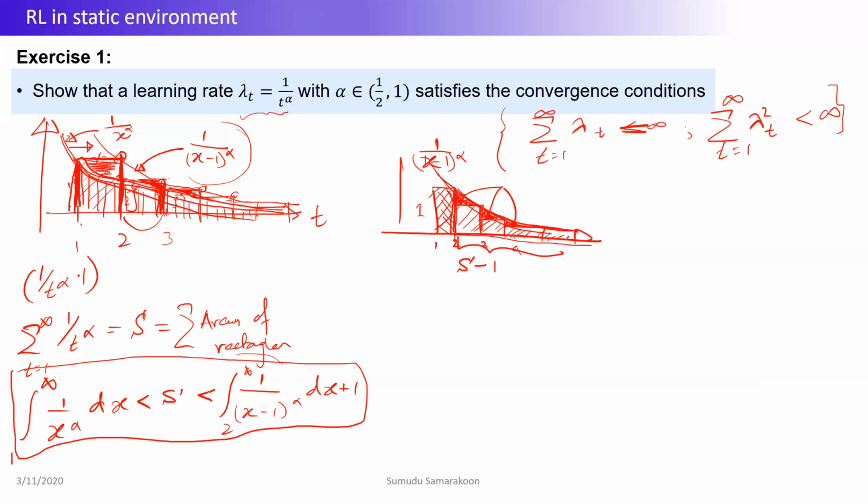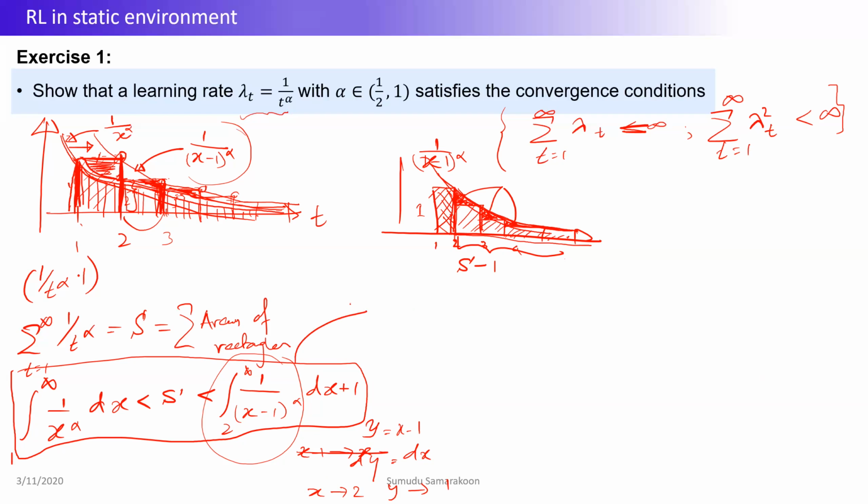If you consider this part, I can change the variables. If I change x minus 1 into x, I can write the same expression. If you are confused, we just say y is equal to x minus 1, so dy is equal to dx, and the limits change: when x goes to 2, y goes to 1; when x goes to infinity, y goes to infinity.